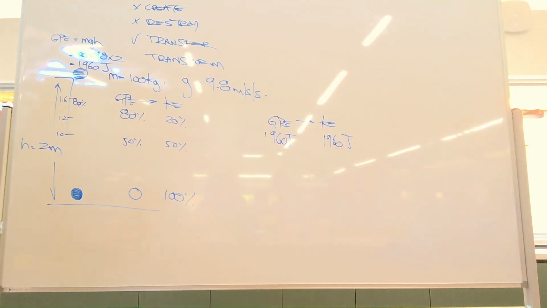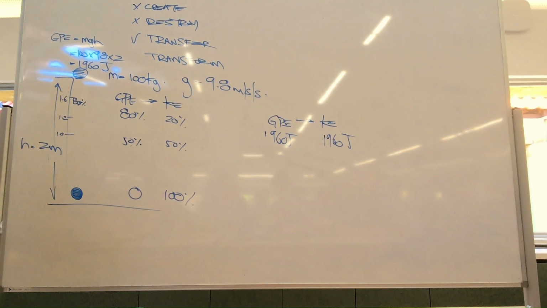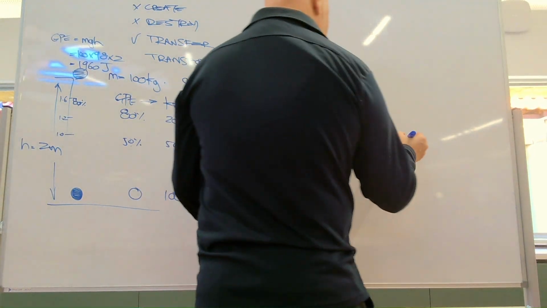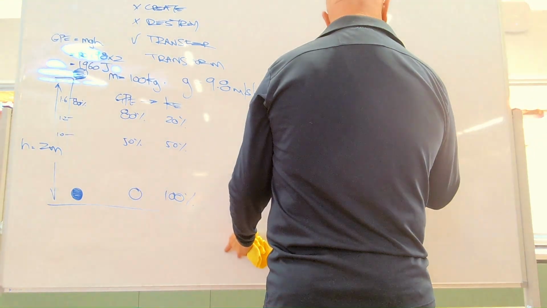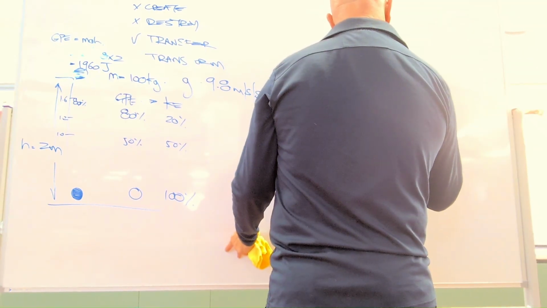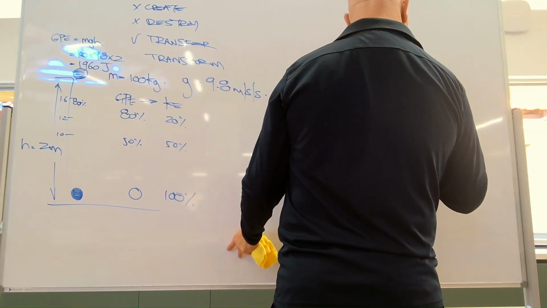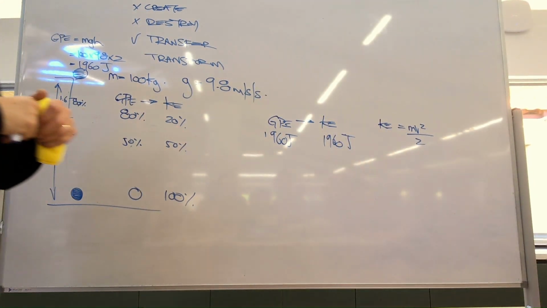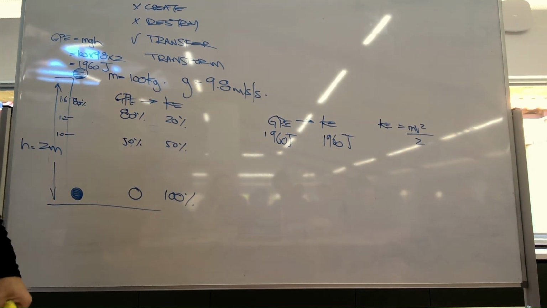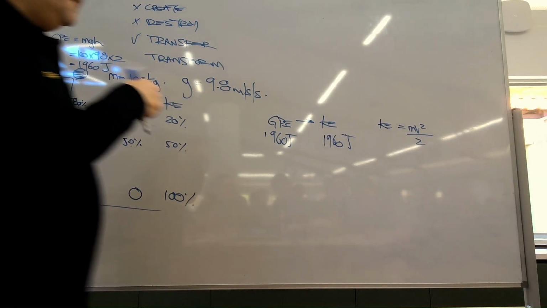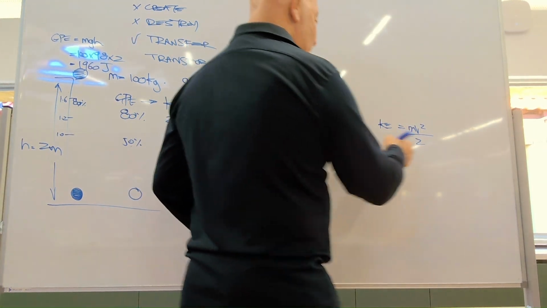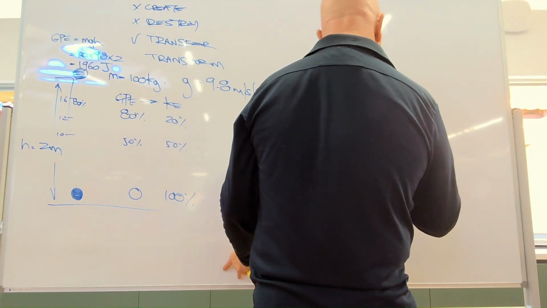Now I'll show you how to do it, but you'll have to do this at home. But it's in the mind map. Now to work out the velocity, because KE equals half mv squared. All right? Is that okay? Now we transpose the equation.